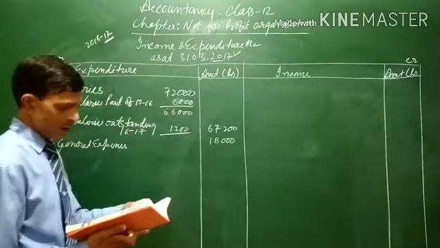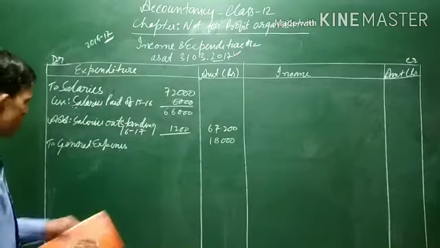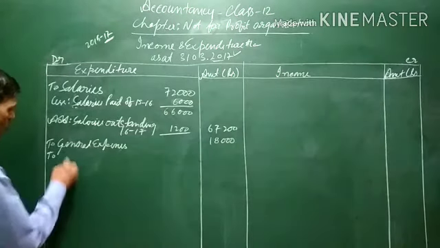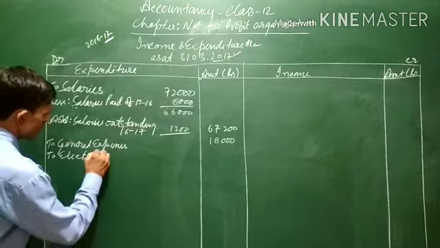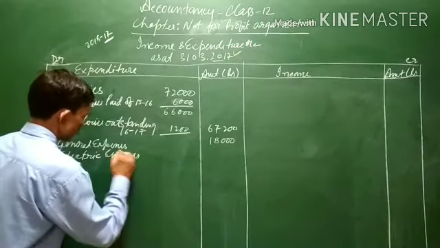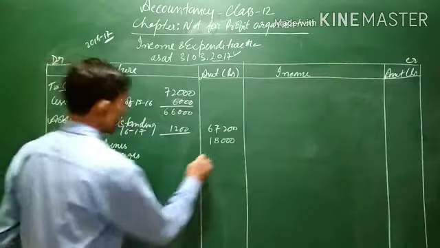Next is electricity charges. Nothing is mentioned regarding electricity charges in the adjustment, so the whole amount will be considered as charges of this year. Electric charge 12,000.